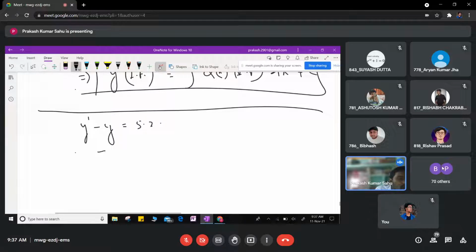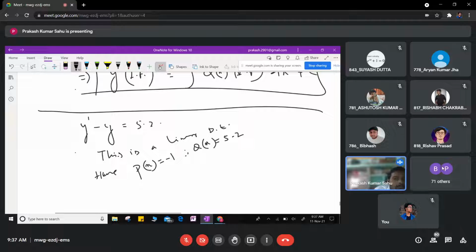Because this is a linear differential equation. And here you can find what is your p. Your px is equal to minus 1 and qx is equal to 5.2.